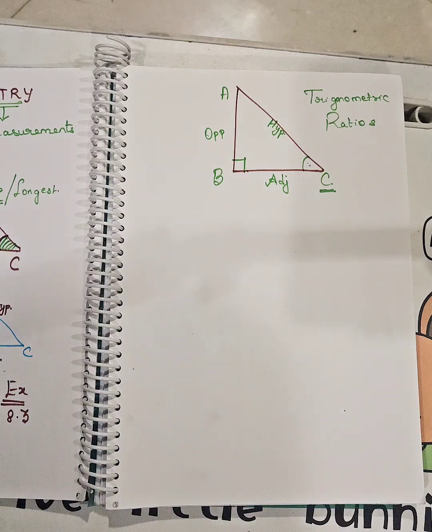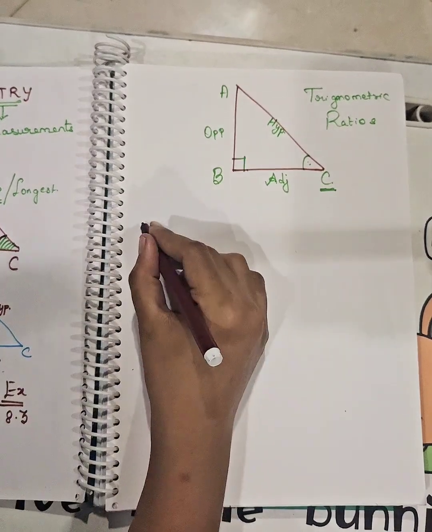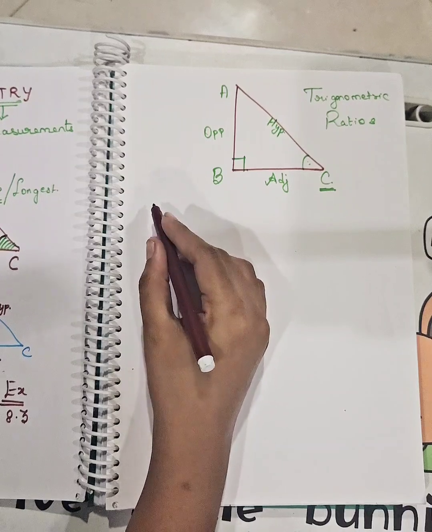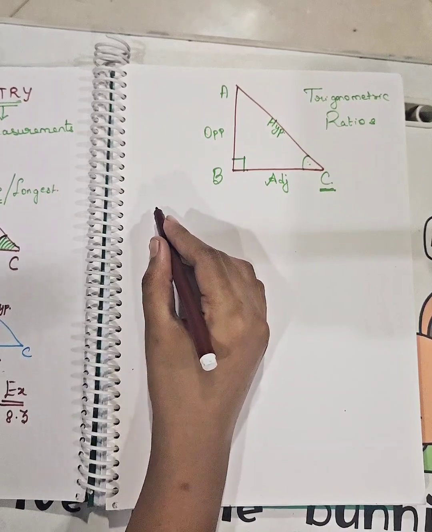Likewise, sine theta, cos theta, tan theta, cosecant theta, secant theta, cot theta. All these are the trigonometric ratios. Since we are starting with sine theta, let us use a small acronym here.